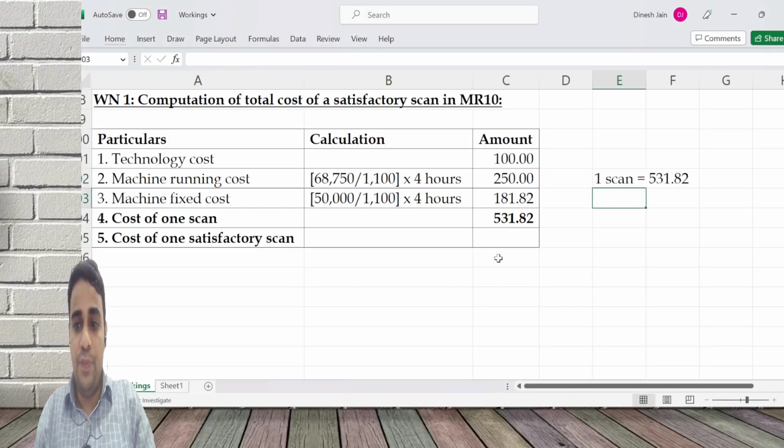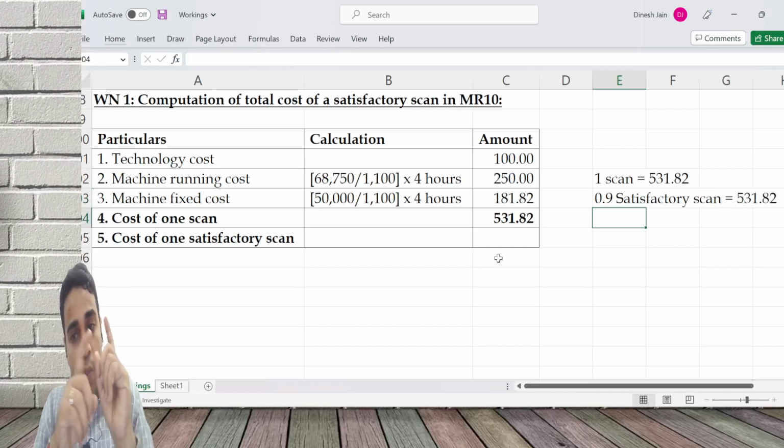Basically, it's like this. 1 scan is equal to 531.8 and 0.9 satisfactory scan is also the same 531 rupees. So one scan is 531. Point 0.9 good scan is also 531.